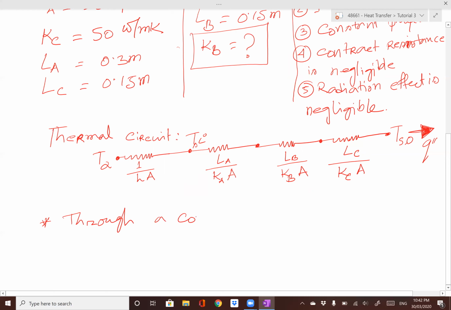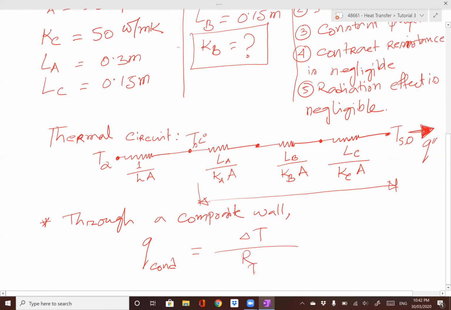Heat transfer due to conduction, basically through this portion, will be equal to the temperature difference divided by the total thermal resistance through the composite wall.